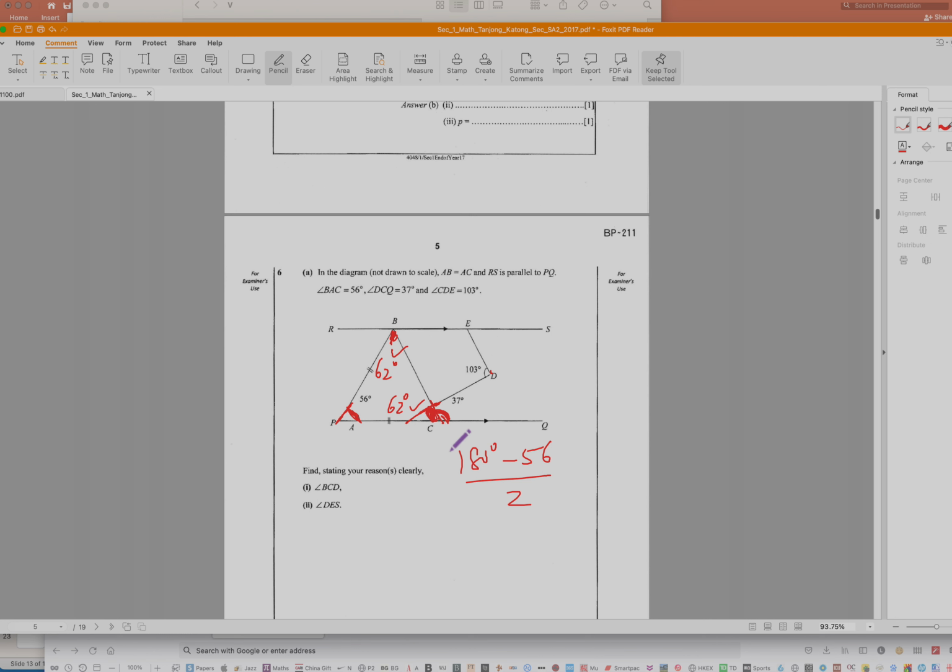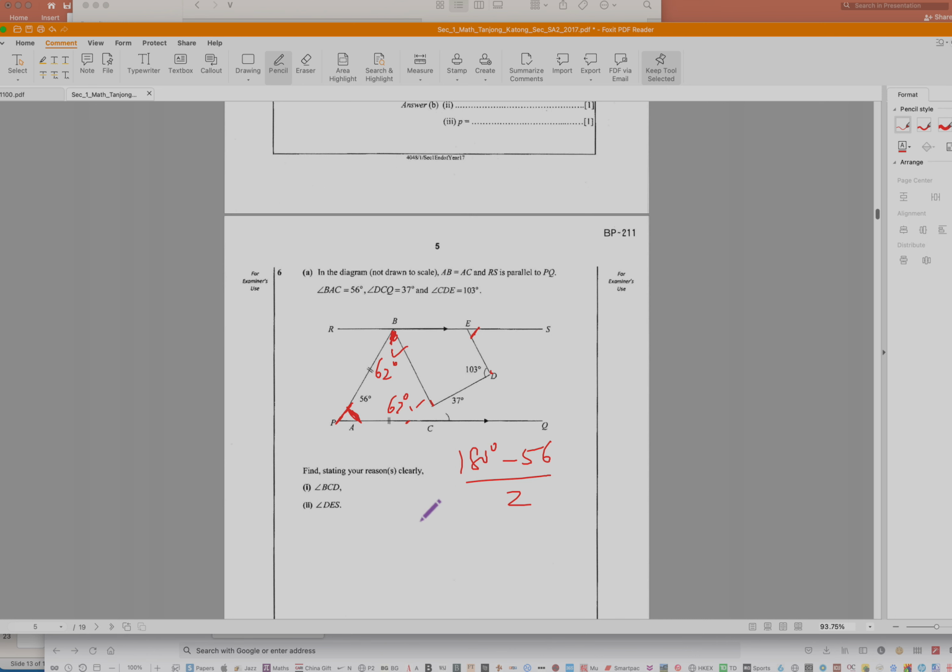So what they want, BCD, right? No need. Then which one? DES is it? I'm also confused. Which one you need me to help you figure out? I need 6 part 2, DES. Which is this.